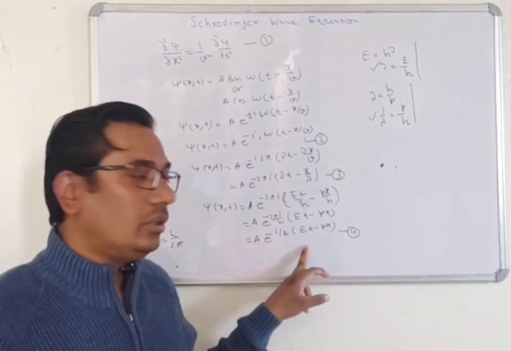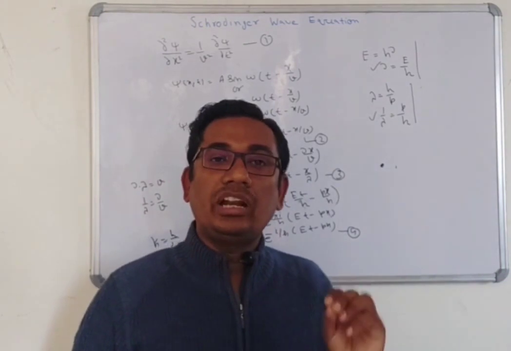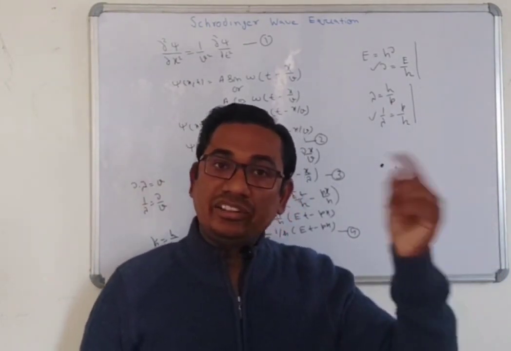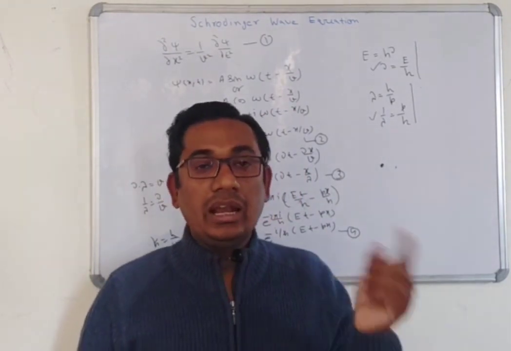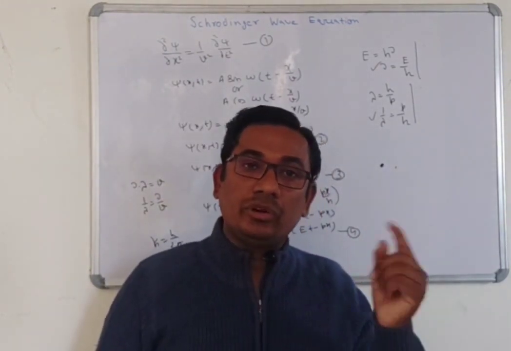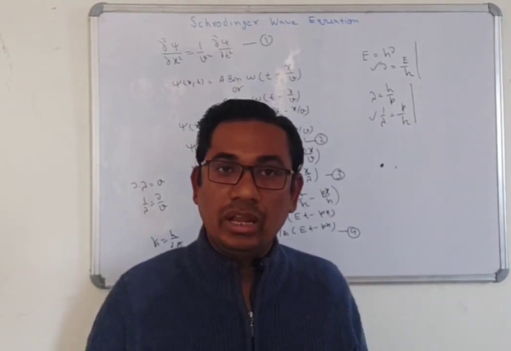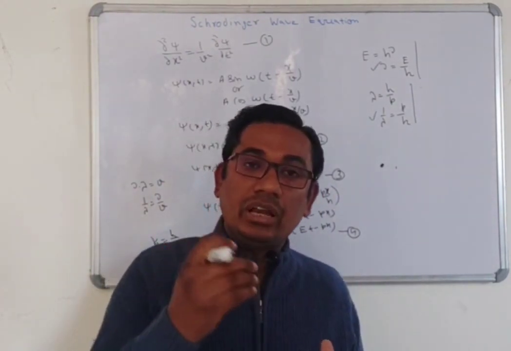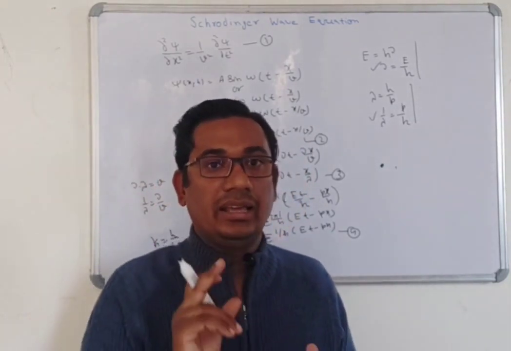In this situation, we obtain a differential equation, and this differential equation is known as the Schrodinger wave equation. When we solve the differential equation, we will get the wave function. In this way, we will find the wave function when the particle is subjected to an external field.